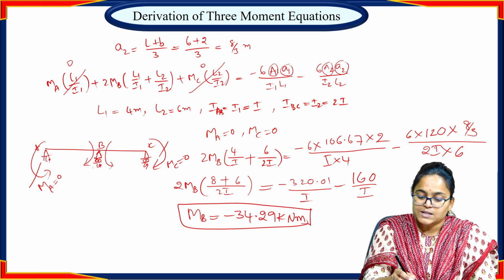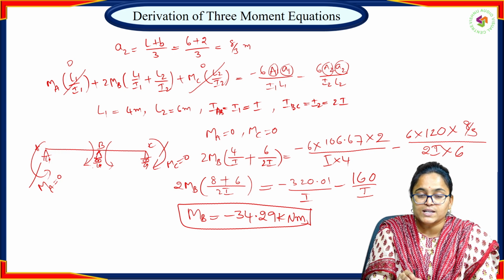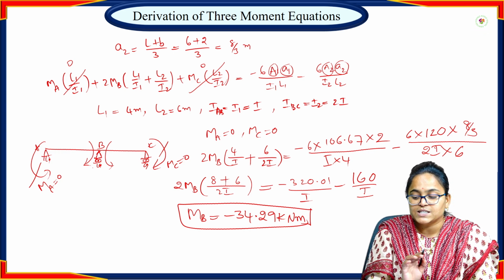So this is the support moment at B. So at support B we'll get 2 moments. One is in BA span and one is in BC span.